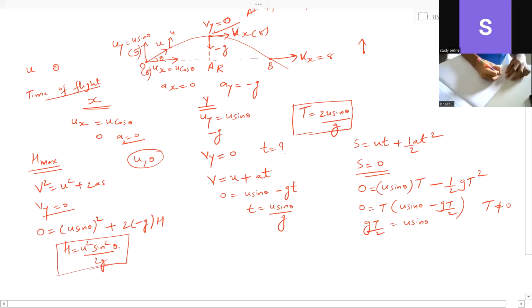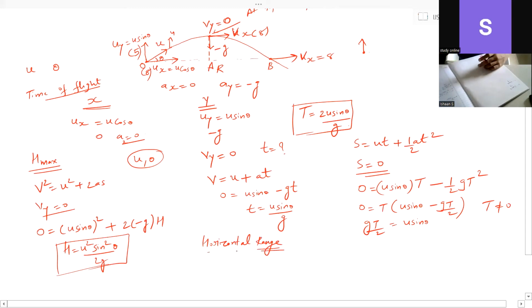This also we have done. Now can you try down the range, this horizontal range? Same, we only consider u and theta.